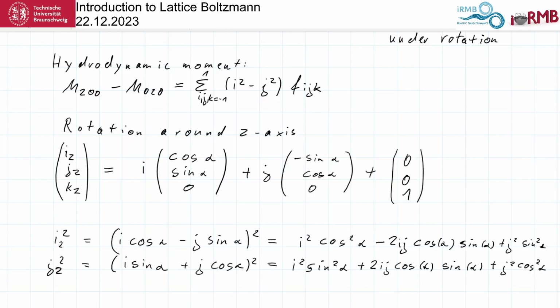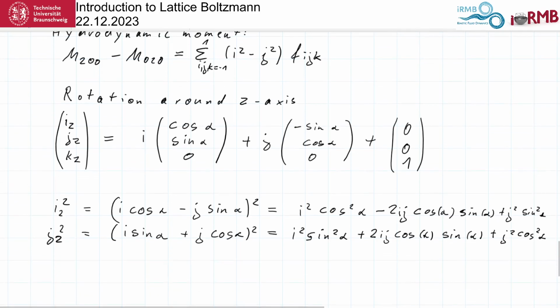What we need in our equation up here is i squared minus j squared, so iz squared minus jz squared. And we are, of course, interested in grouping this according to i and j. So there's an i squared that comes with cosine squared alpha minus sine squared alpha.